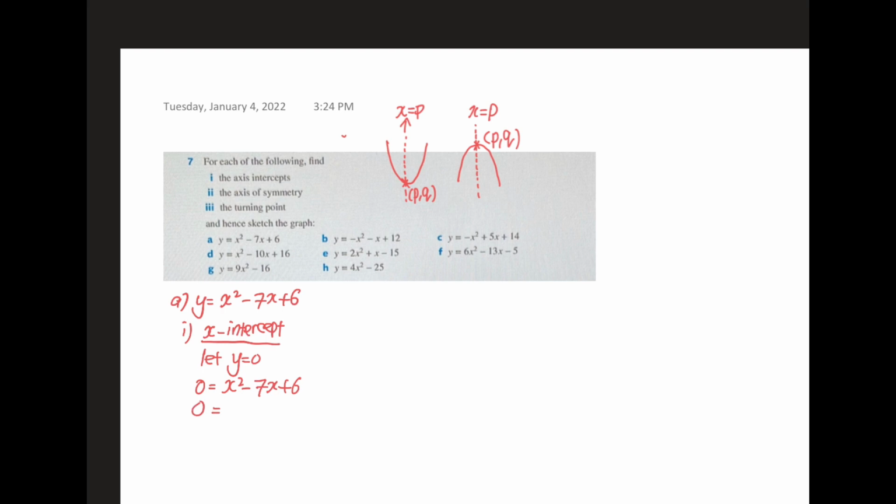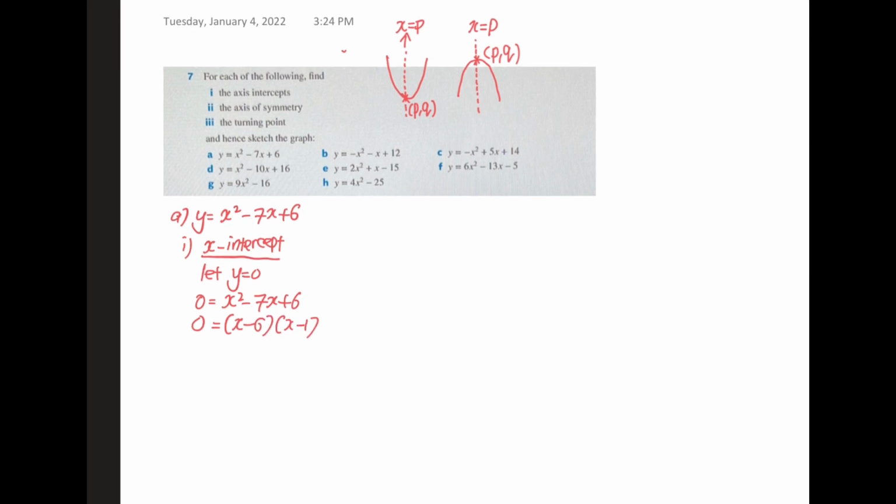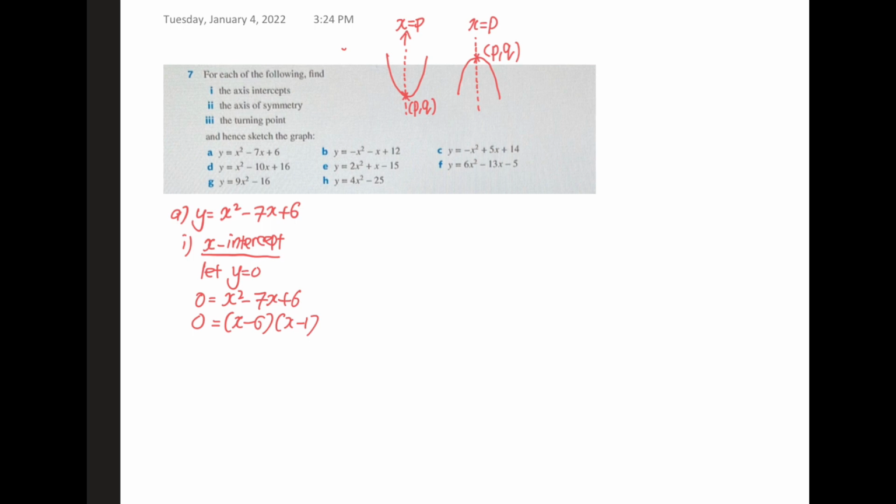So we can factorize this: x minus 6, x minus 1. If you can factorize it, then no need to use the quadratic formula. How we factorize: x times x gives x squared, so you think of two numbers that multiply to get positive 6 and add to get negative 7.